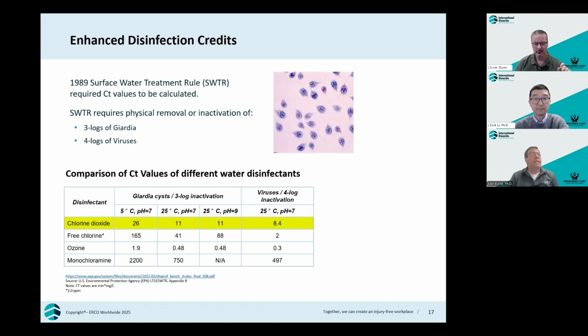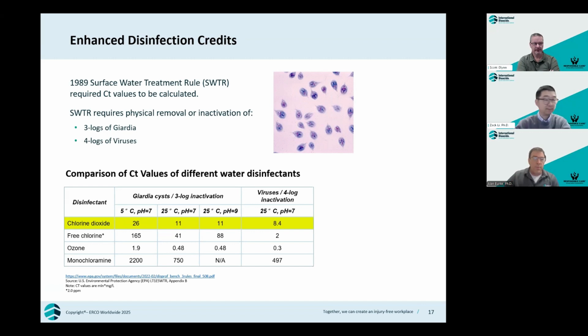In the late 1980s, a surface water treatment rule was passed that required monitoring the contact time values and calculating them to ensure there was a proper amount of contact time of the disinfectant in the water to disinfect appropriately.